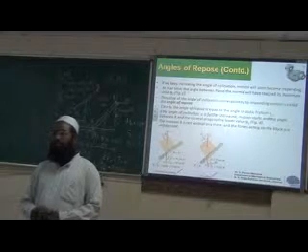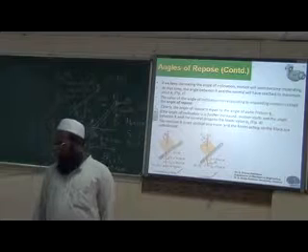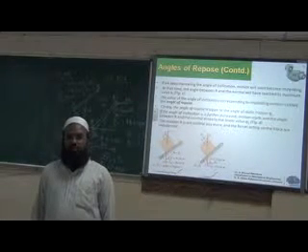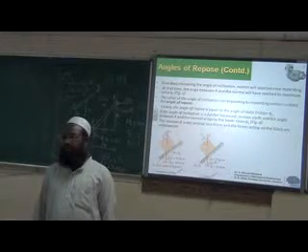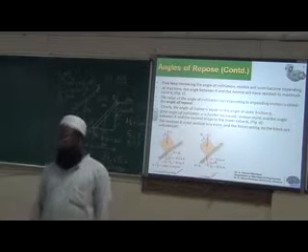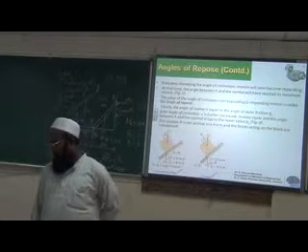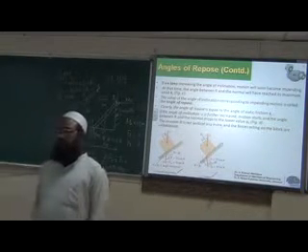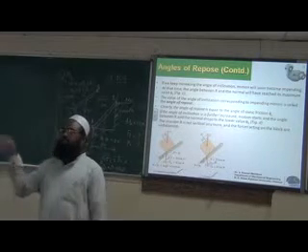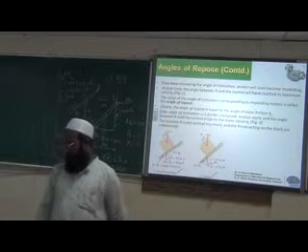A uniform ladder of length 9 meters, weighing 17 Newton, placed against a smooth vertical wall with its lower end 3 meters from the wall.